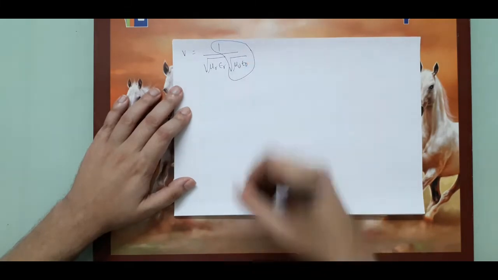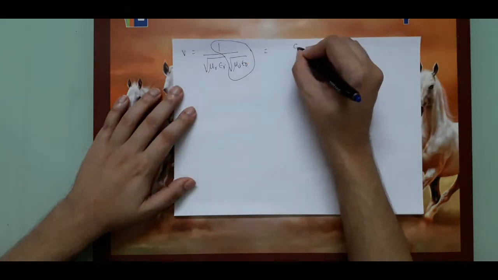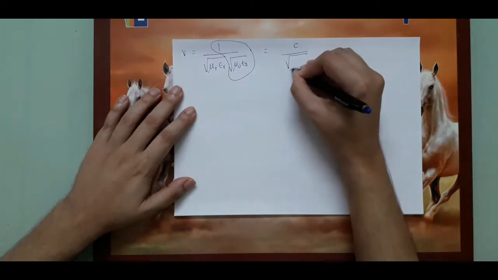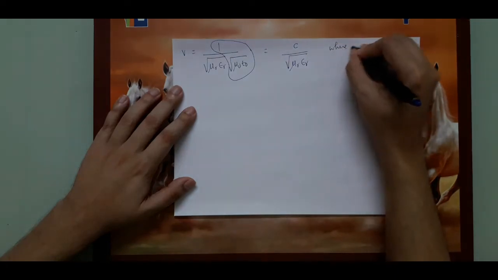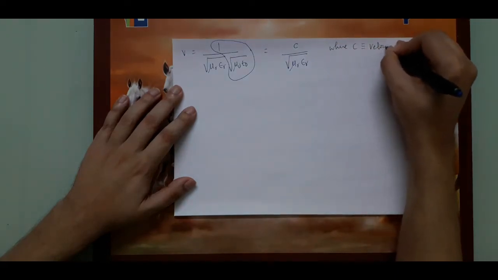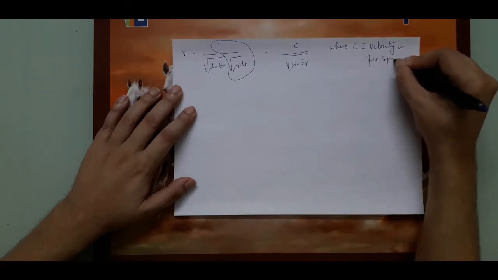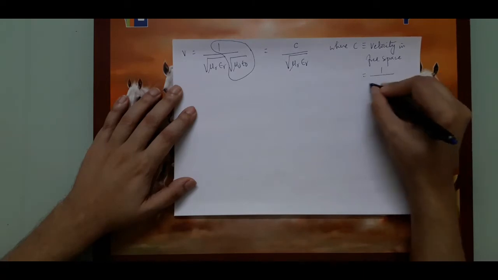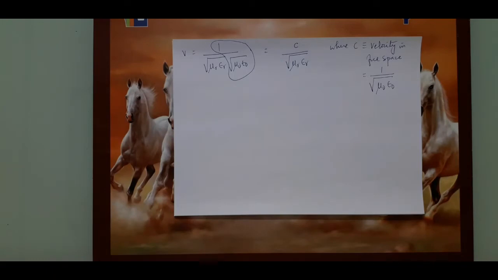So this quantity we already know is the velocity of electromagnetic wave in free space. So we can write this as c by under root of mu r epsilon r, where c is the velocity in free space, which is equal to 1 by under root mu 0 epsilon 0. So this is a very important result.